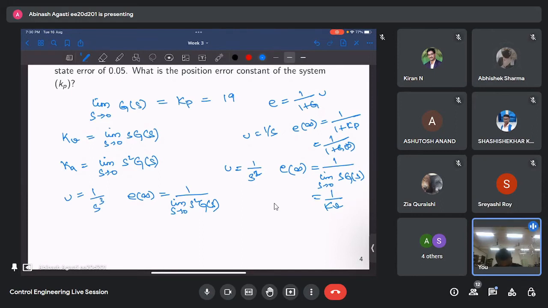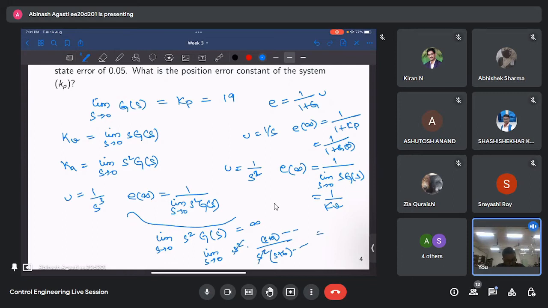So I want to track this thing. So basically this error has to be 0. So limit s goes to 0 s square G of s has to be infinity, right? So if I have a type 2 system, then I will have limit s tends to 0 s square into some (s plus a) by s square into (s plus b) into whatever. So this will be a finite value, correct?